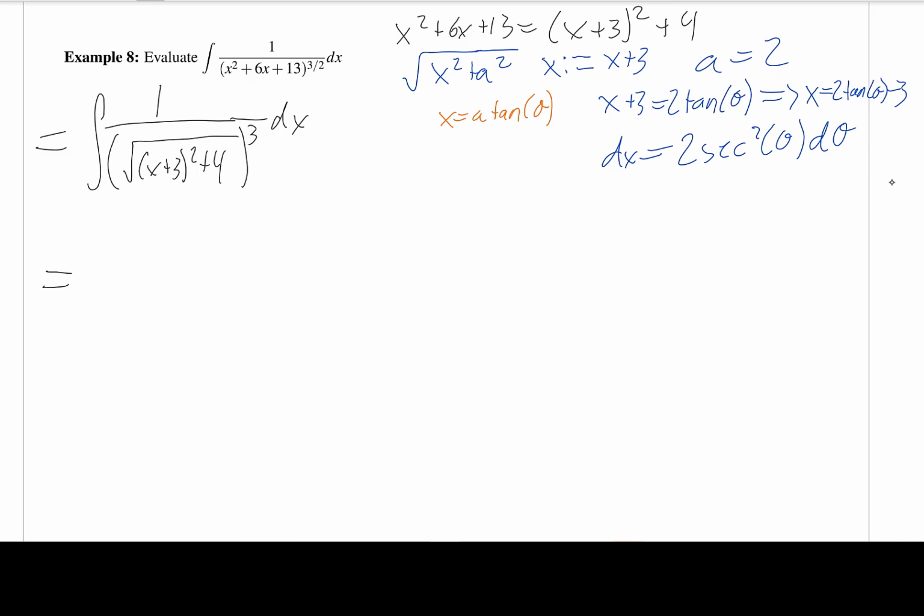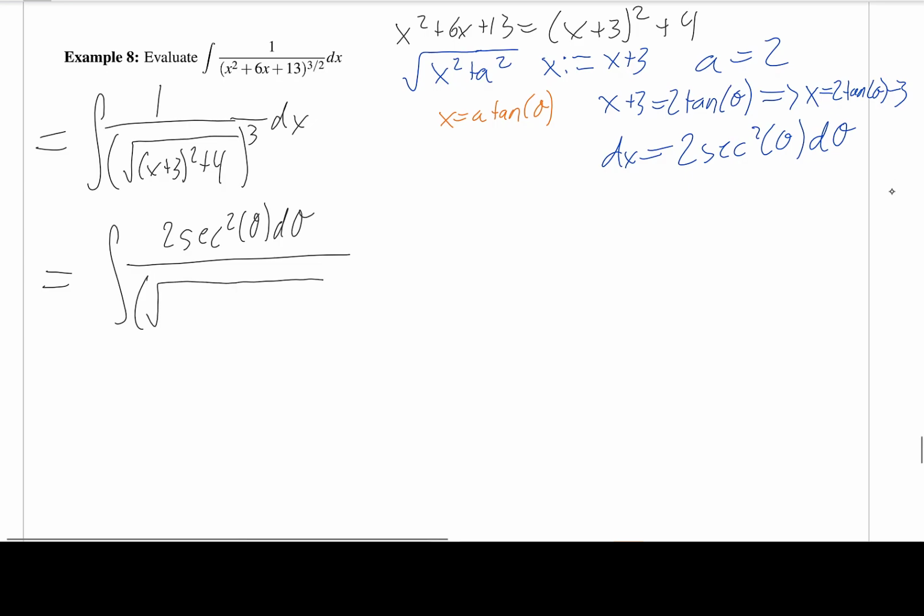So this integral will become, if I put dx on top, 2 secant squared theta d theta over the square root of, let's see, we'll have x plus 3 squared. So that's going to be 2 tan theta minus 3 plus 3 squared plus 4. And then we need to cube this.